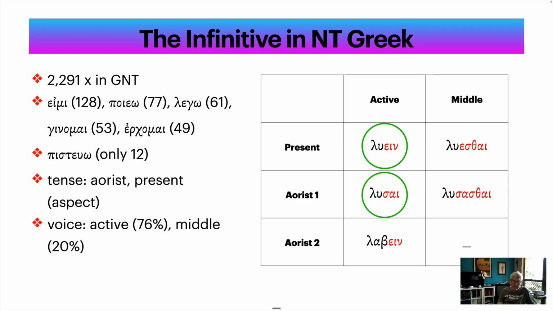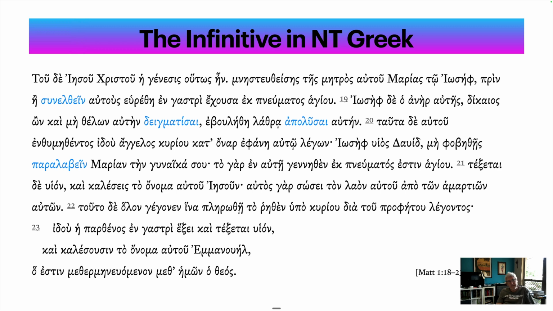So looking at those, to take an example, here's the beginning of the birth narrative in Matthew's Gospel. I had done a search looking for infinitives in the Greek New Testament, and as I scrolled down through the results, starting with Matthew's Gospel, here was a passage which has 4 infinitives in the text for us. 2 of them end with epsilon, iota, nu, and 2 of them, as you can see, end with sigma, alpha, iota.